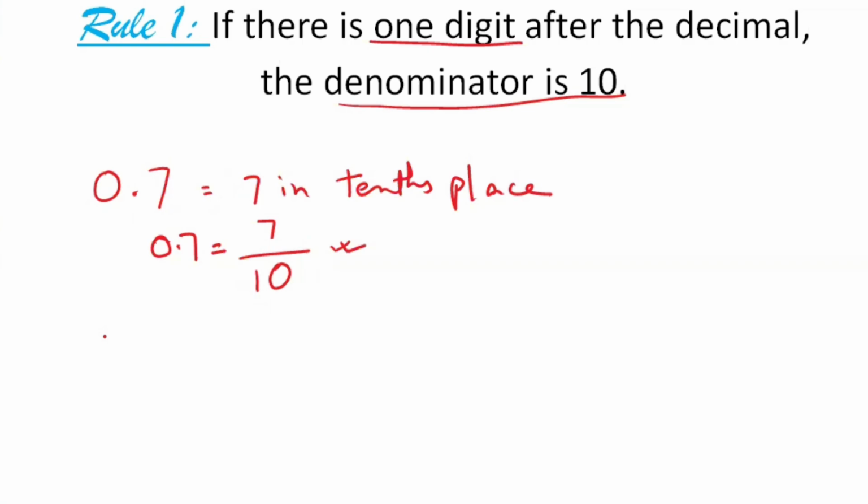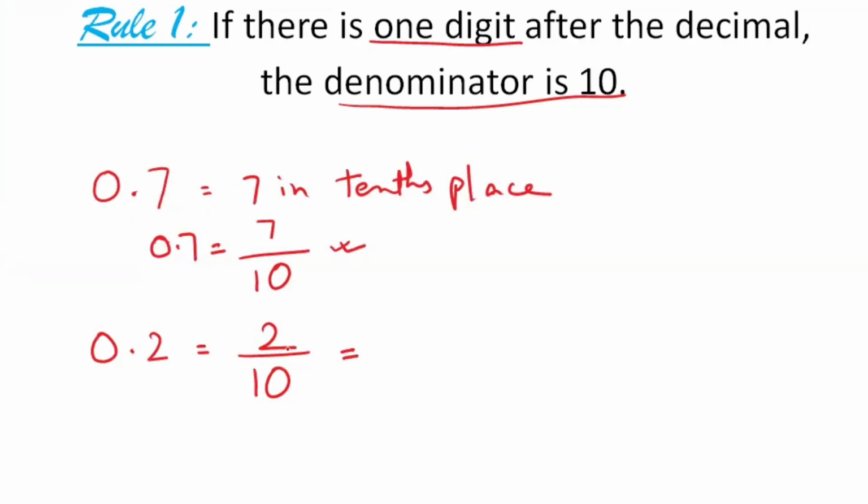Take another one, 0.2. How will we do it in the fraction? Here also there is one digit after the decimal. It means 2 over 10. One digit, denominator will be 10. Can we simplify it?